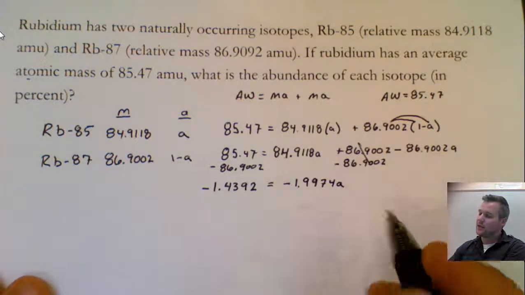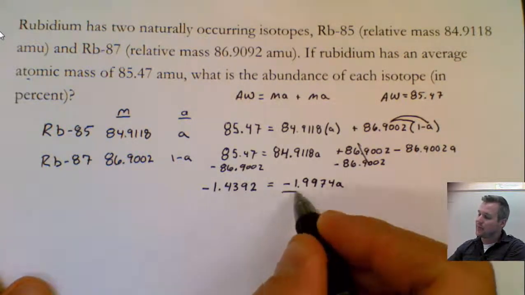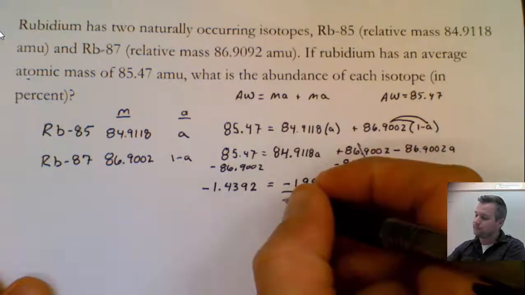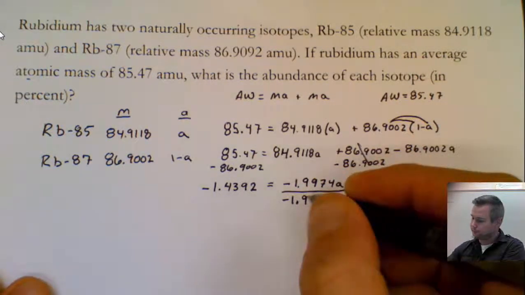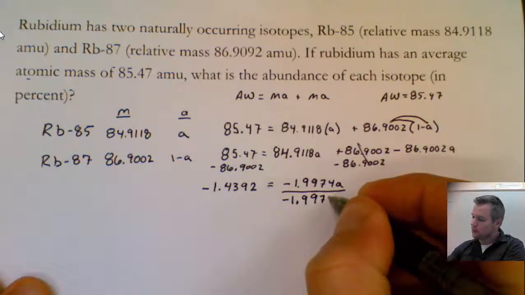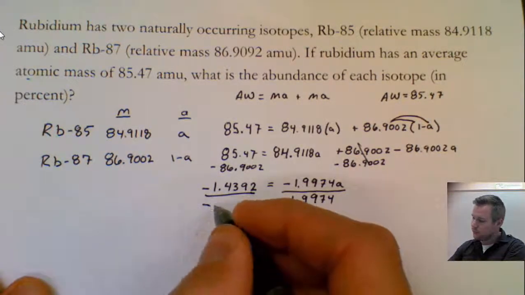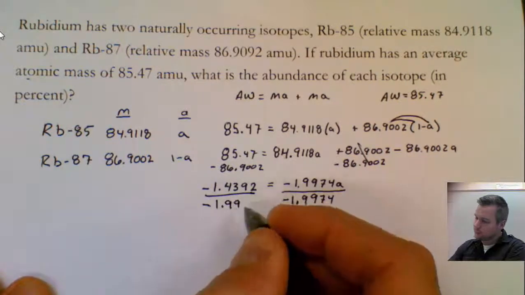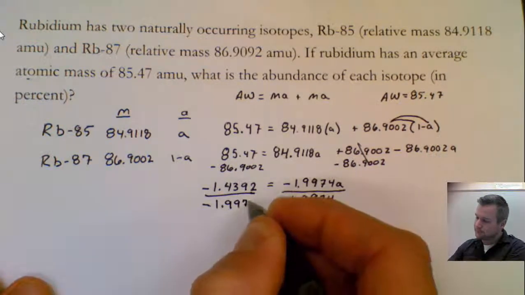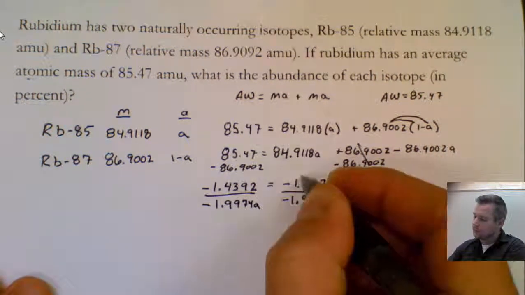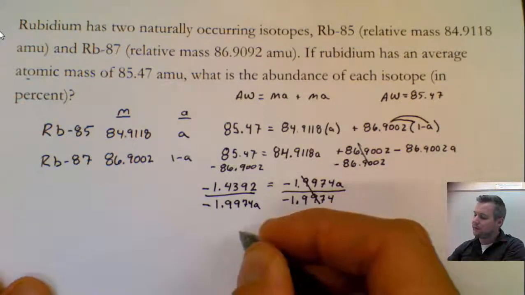Now to solve for A, I need to remove my coefficient by dividing since it's being multiplied. I need to do that to both sides of my equation. So these cross off, and then I'm going to be left with A.